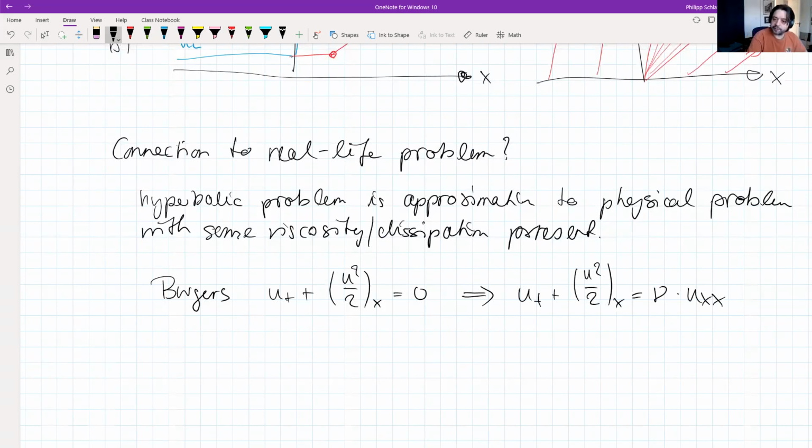As we will see later, a viscous term will always be written as a small number, the viscosity ν, times the second derivative in space. So this ν is a small viscosity, and to get the bigger picture, it can be neglected.